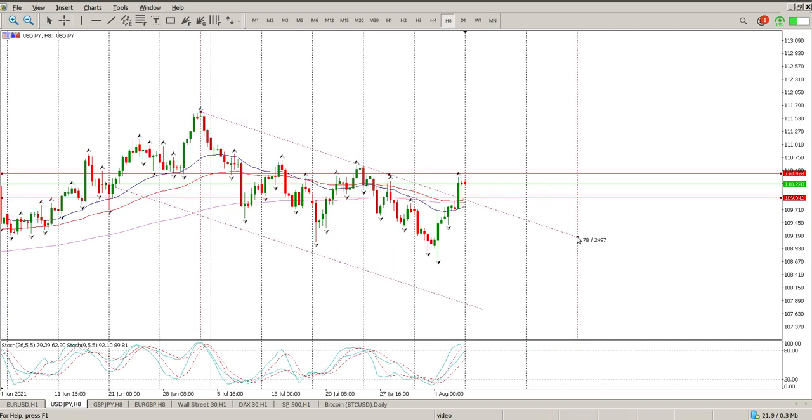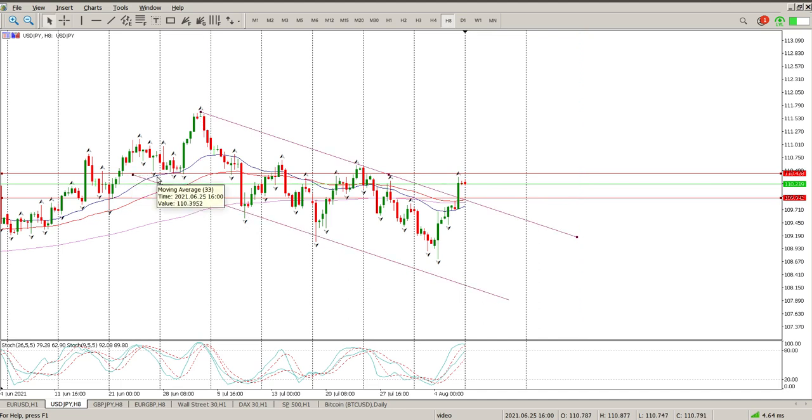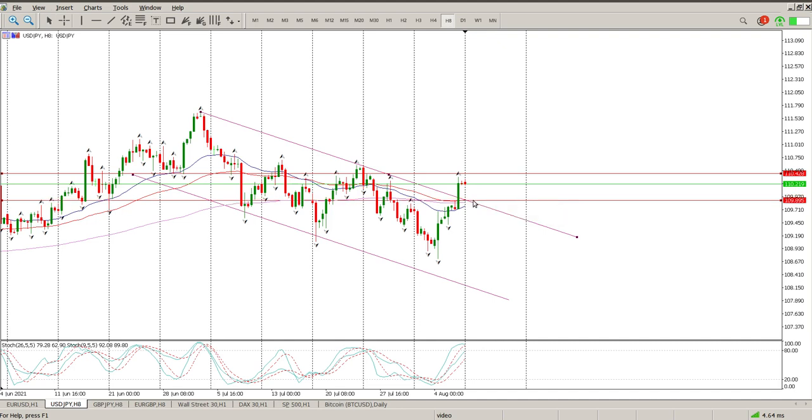This here, fine tune that a little bit. Kind of a messy channel flag, etc. But if you look at the oscillators here, grouping to the upside, looking for a pullback onto structure, and that's the closest structure as far as I'm concerned, just going to fine tune this, is all the way back down here at 109.854.